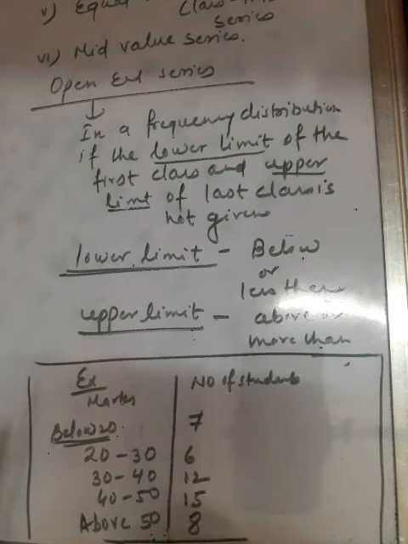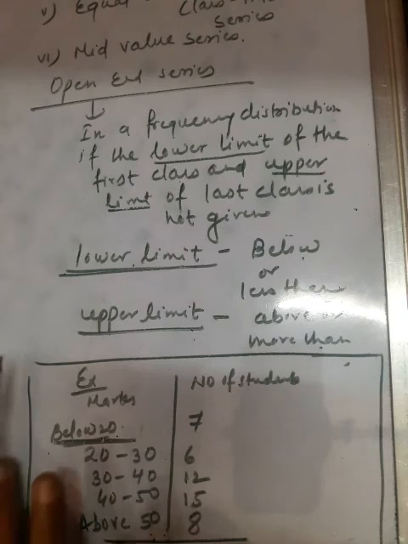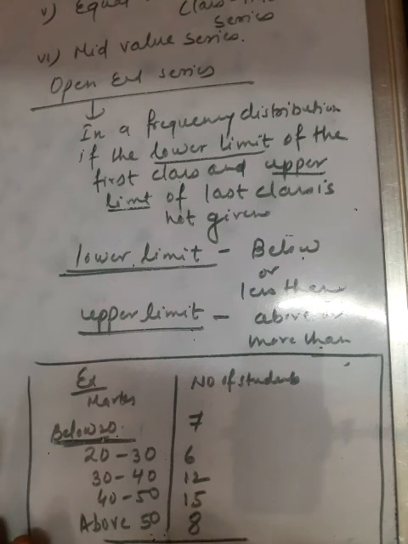Students, during calculation the open-end series should be avoided, because in this class mid values cannot be accurately obtained, and it creates problems in the computation of various statistical measures. In a chapter like central tendency, where you have to calculate mean, median and mode, it is very difficult to compute with an open-end series.